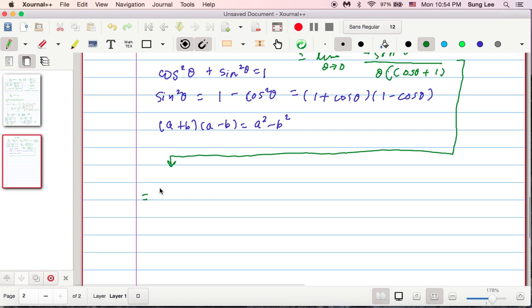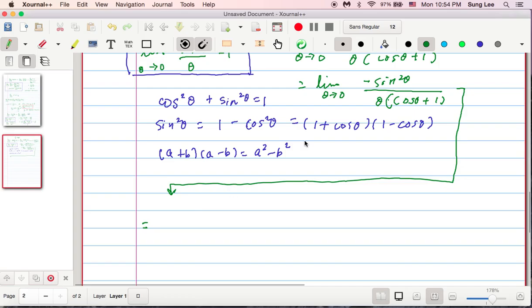That equals negative 1, a constant, so I can put it outside of the limit as theta goes to 0. Remember sine squared theta is sine theta times sine theta, so we can write that as sine theta over theta times sine theta over cosine theta plus 1.